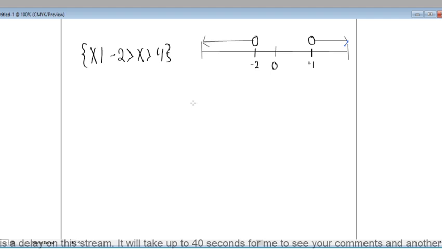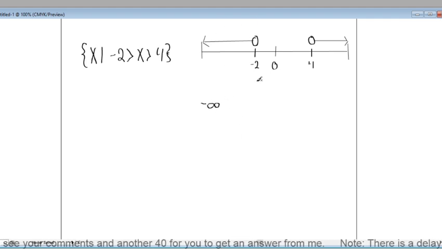So when we write our interval for this one, we need to look at these lines separately. First, this line right here, again, reading left to right, starts in -infinity, so that's our start point, and ends at -2.